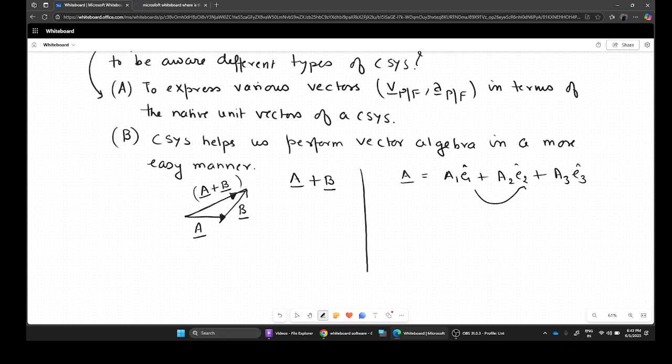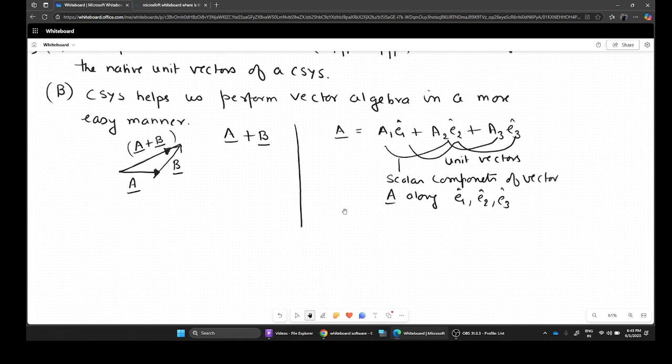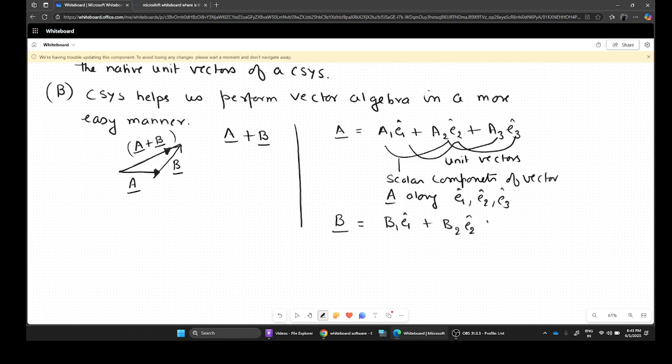These are 3 unit vectors, and these are scalar components of vector A along E1, E2, E3. Similarly, I can write B in terms of its scalar components and the same unit vectors E1, E2 and E3.